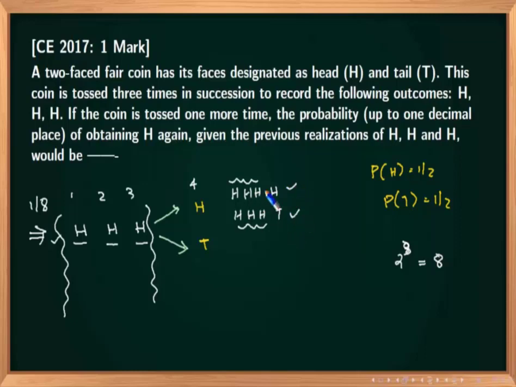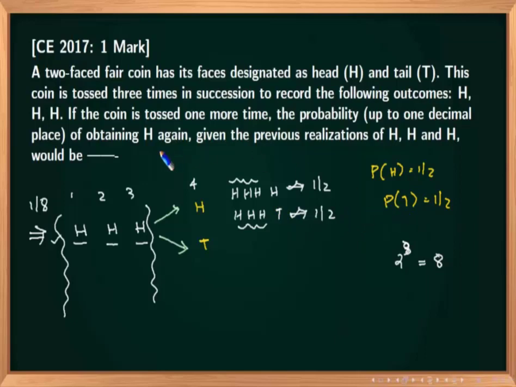This sequence happens with a probability of 1 by 2 and this sequence happens with a probability of 1 by 2, which means that the probability of getting head in the last toss will be 1 by 2, and the probability of getting a tail in the last toss will also be 1 by 2.